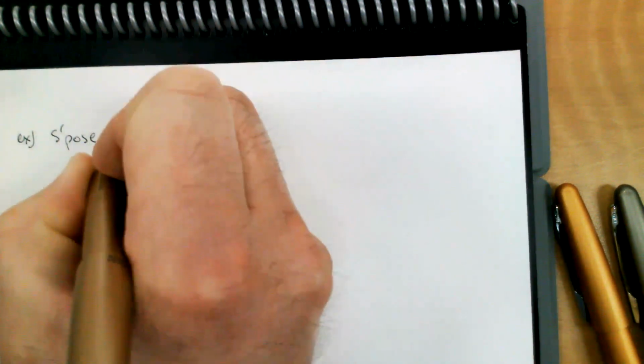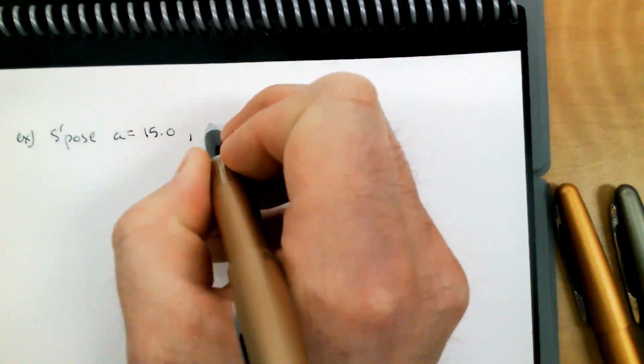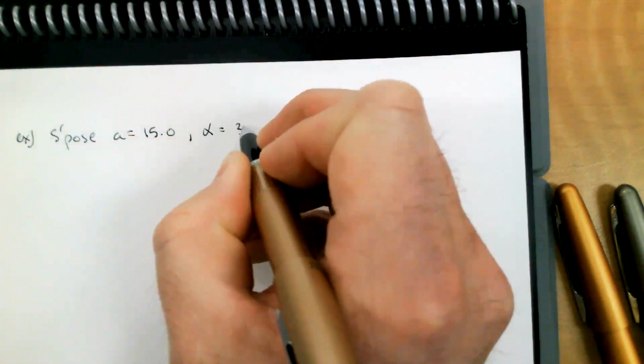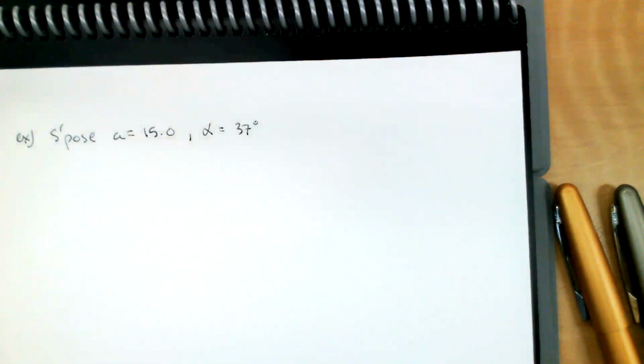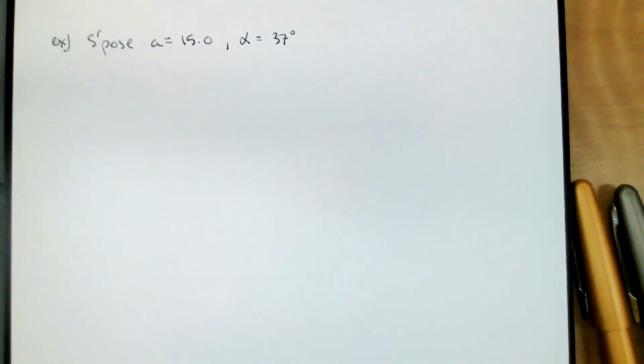So let's suppose that side A is 15. Angle alpha is 37 degrees. Right away, if I'm only going to give you 3 pieces of information, we know that this is not going to be a law of cosines question. We've got A and alpha, we've got opposing information.